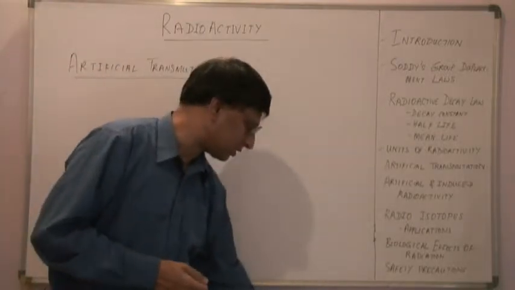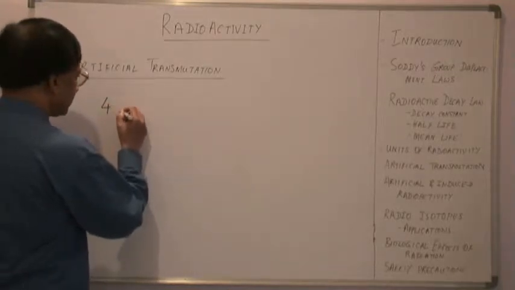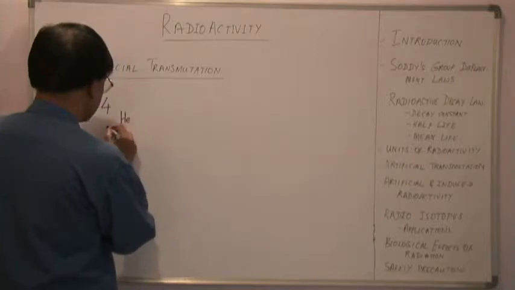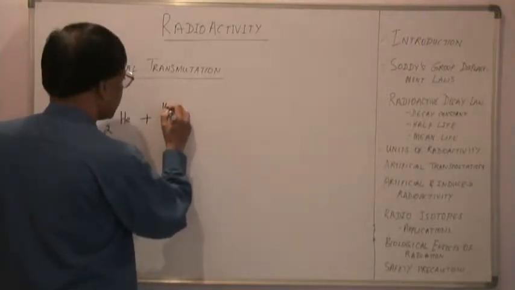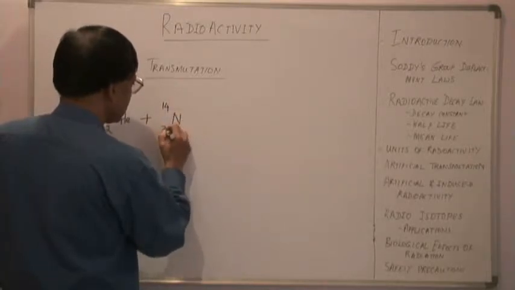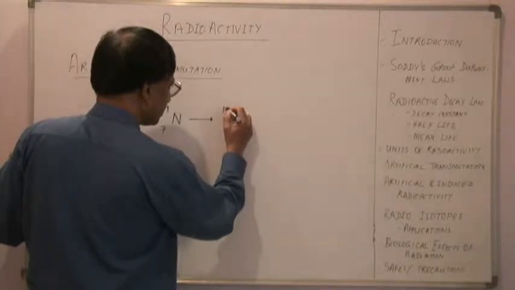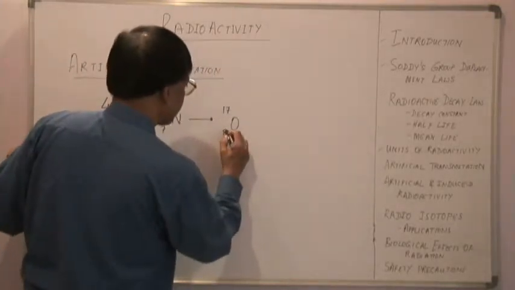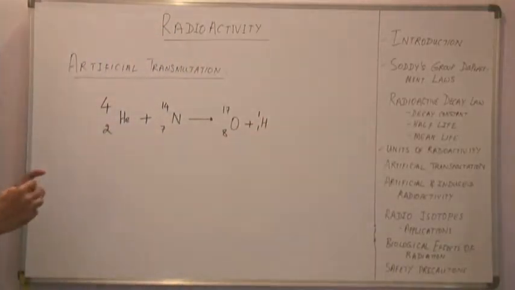If I were to write this as a formula, an alpha particle, 4He2, hitting a nitrogen nucleus would result in oxygen 17 and one proton. So this is the equation I would get.